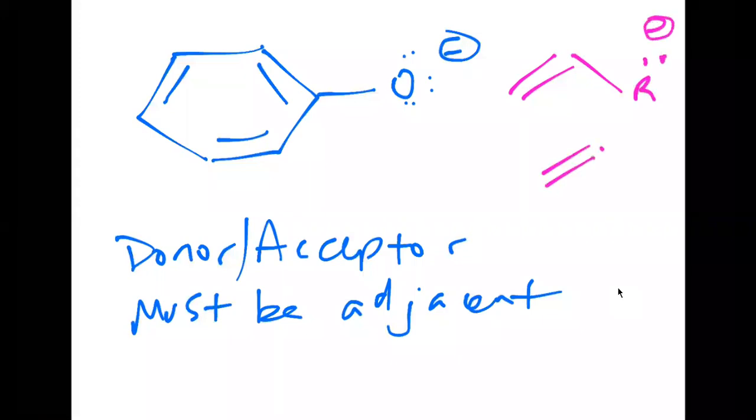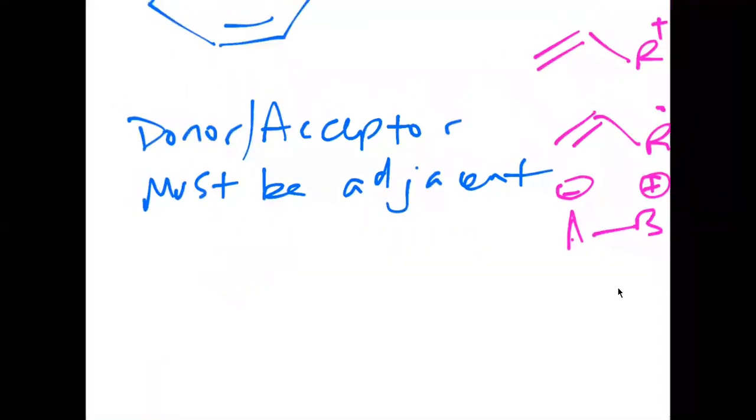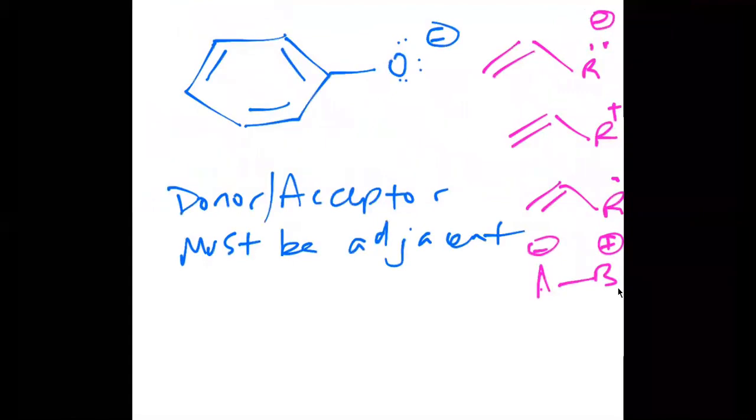You have allylic cations. You have allylic radicals, which we'll do an example of later on. And then sometimes you have a case where you have two atoms bonded together and one is negative and one is positive. Those are the four patterns that you're looking for.